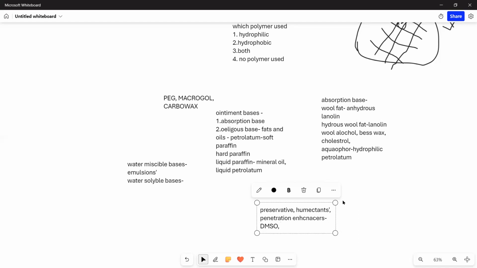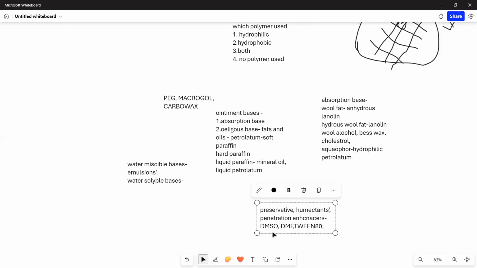If you remember the excipients, you are going to do great. Which includes DMF, dimethylformamide, Tween 80, urea, sodium taurocholate, alcohol, etc.